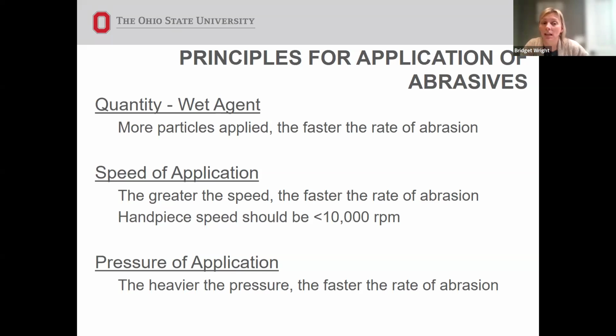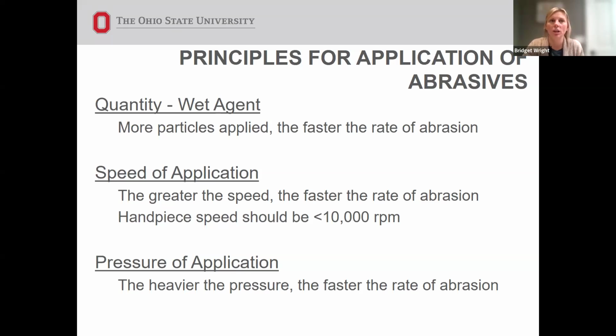That's going to be the same thing when it comes to the polishing paste. If there are more abrasives, meaning it's more coarse, then it's going to abrade the tooth more readily. So that's something you want to keep in mind. Then there's the speed of the application.